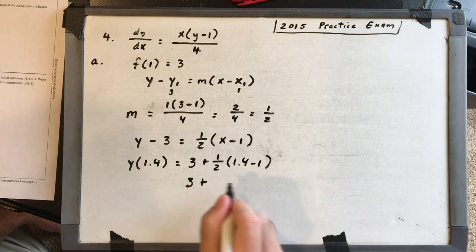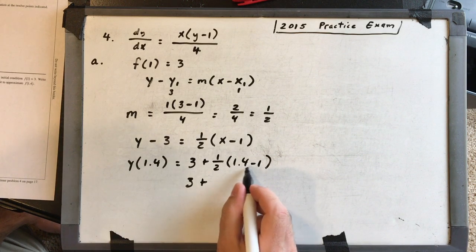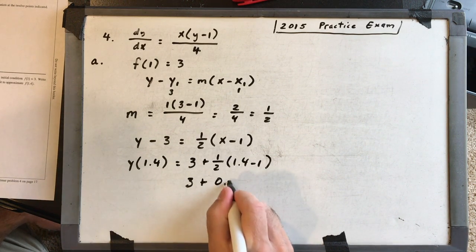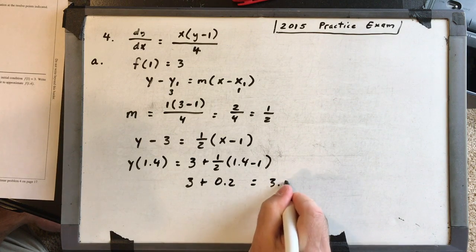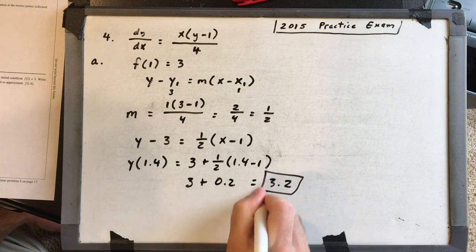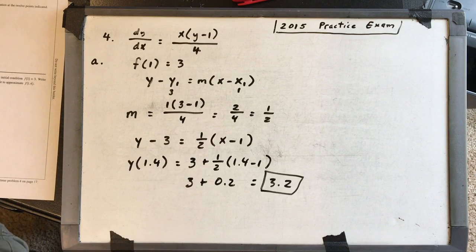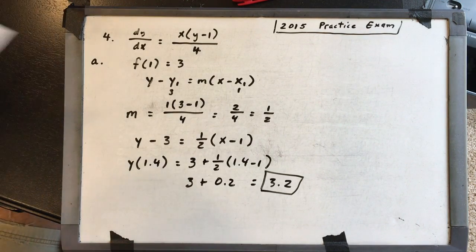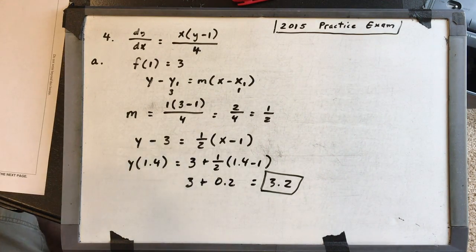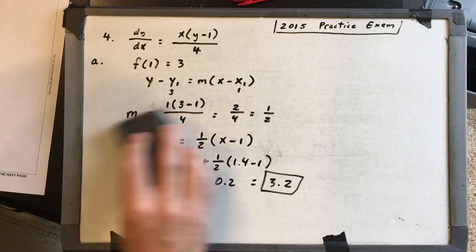So 3 plus 1/2 times 0.4, so that would be 0.2. So that answer is 3.2. That's a great problem. I can definitely see them forcing you to do that on the 2020 test. And part C is another one that is just highly likely that they will force you to do this. So pause the video if you need to.